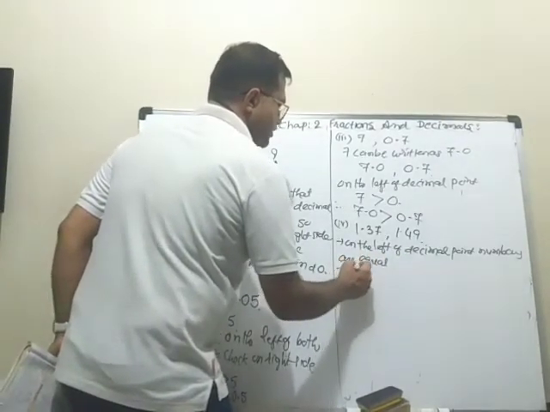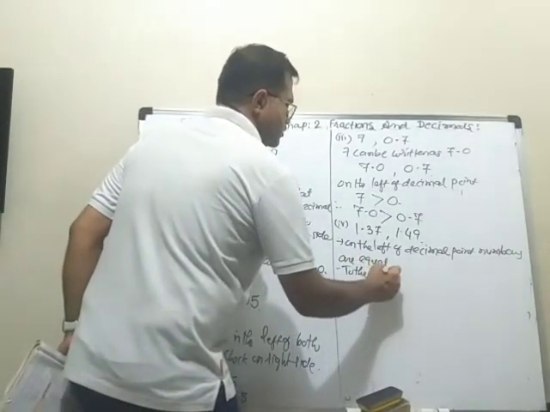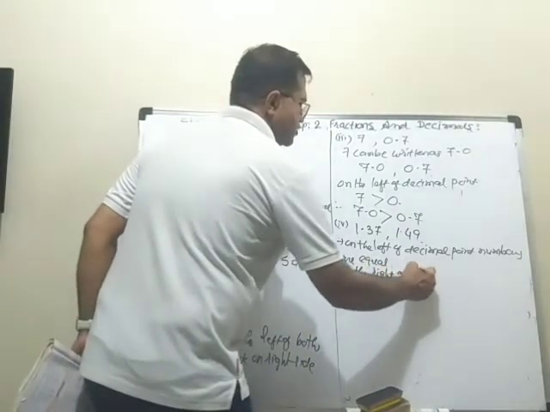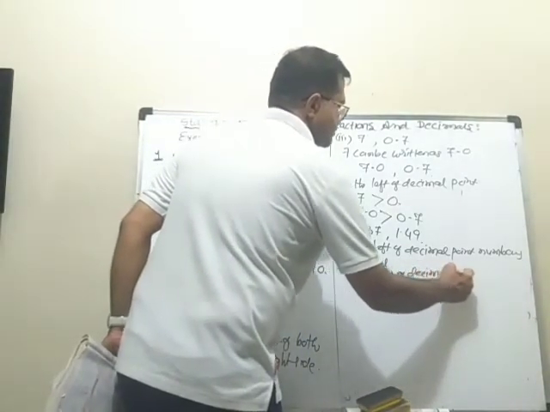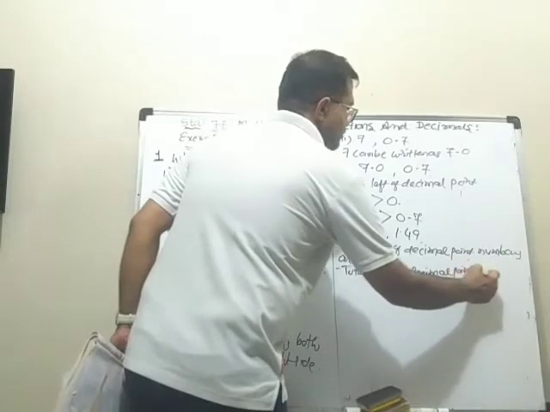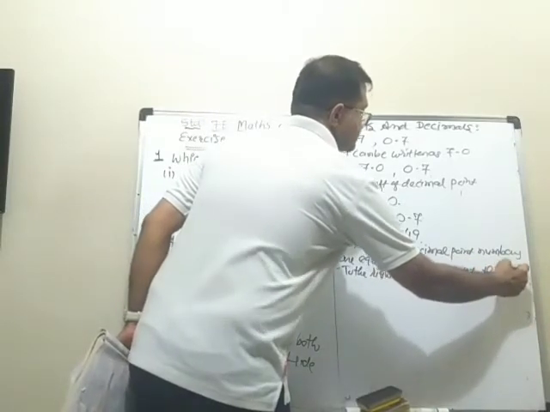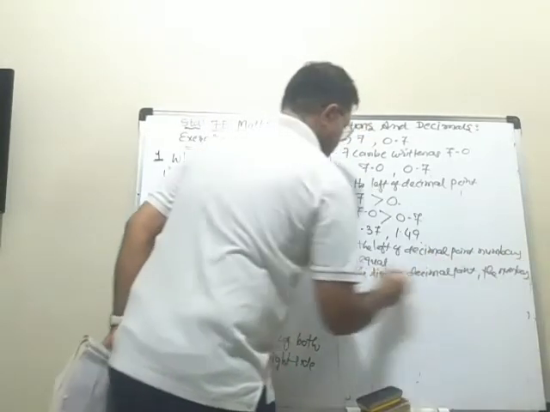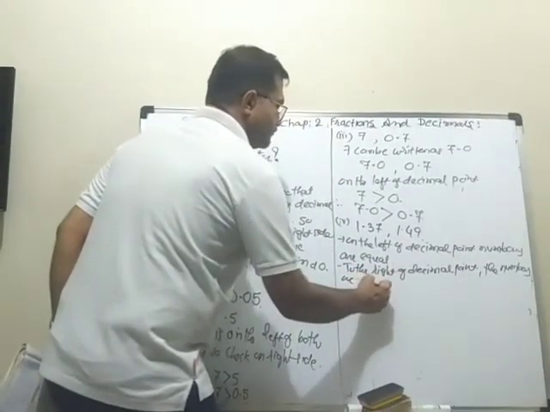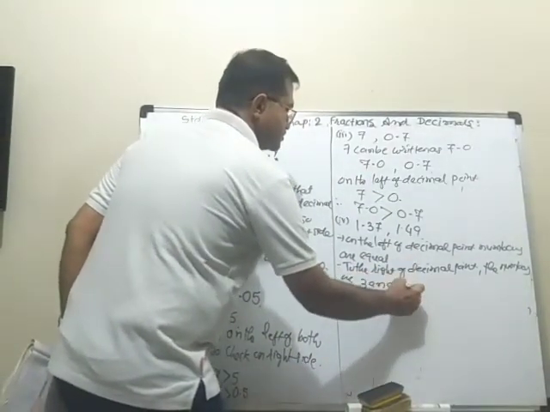Therefore, to the right of the decimal point, the numbers are 3 and 4.